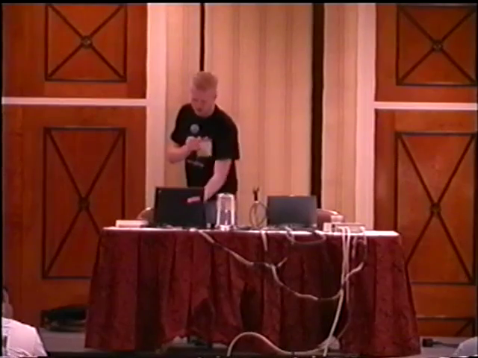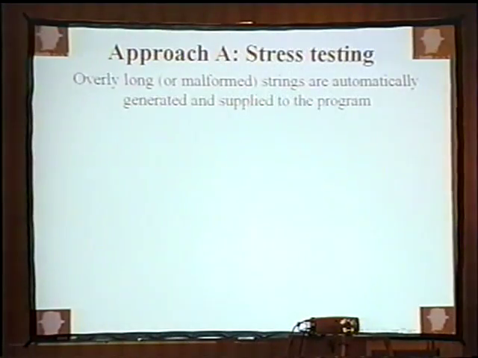Okay, the various approaches that exist to analyzing the reliability of software these days. The first one is stress testing. Basically, what you do is you create a lot of long or malformed strings and send them at an application. There have been a few academic attempts to do this with the Fuzz project and so on. And there are a lot of Perl scripts, like about 1 million of them, who do this.